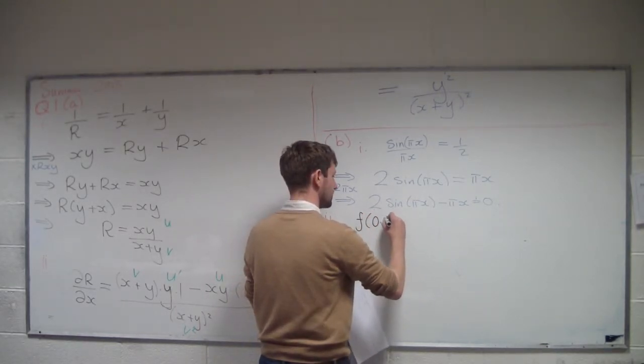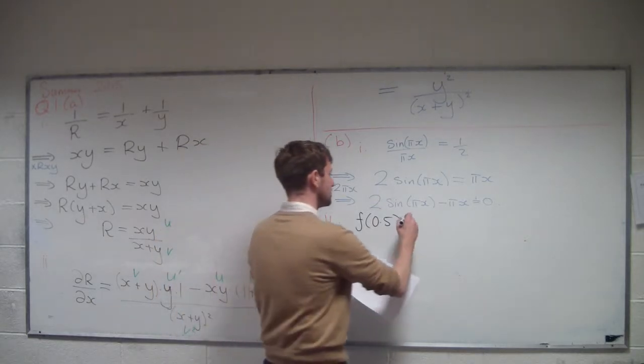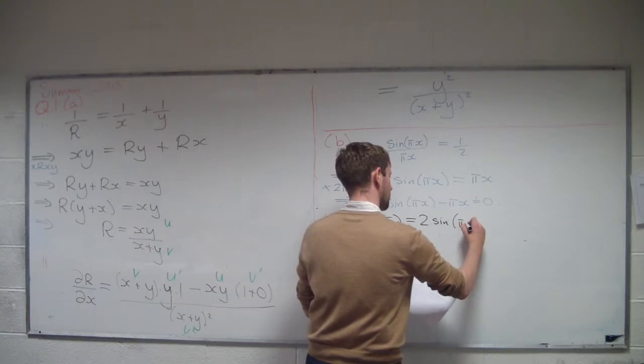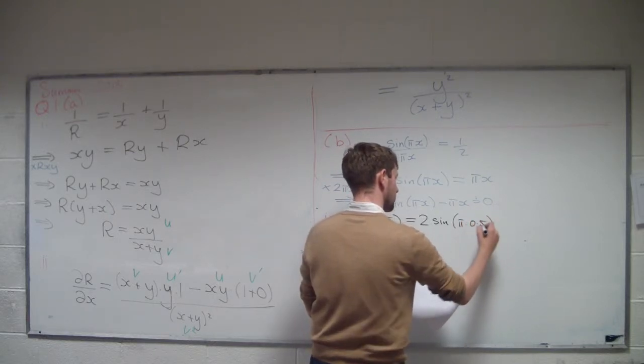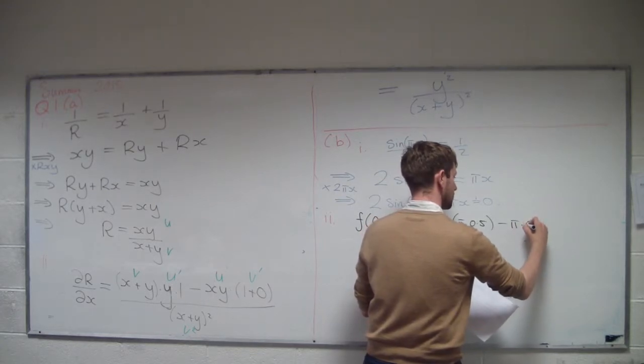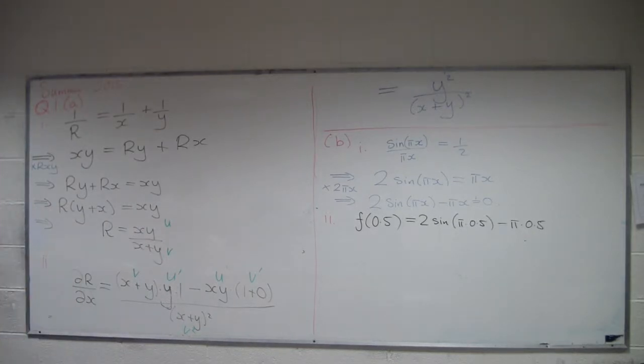f of 0.5. Now the f of x is given in the question, I think. Yeah. So this would be 2 sine pi by 0.5 minus pi by 0.5. Now, there's one thing you're looking out for anytime you're doing calculus with sine and cos. What are you looking out for? Radians.